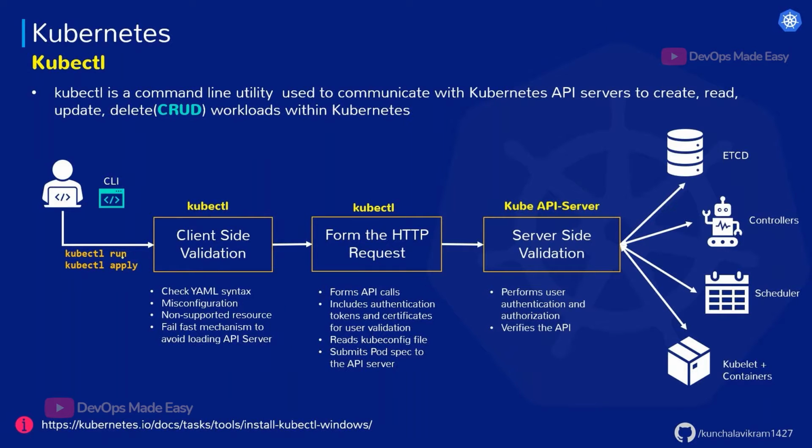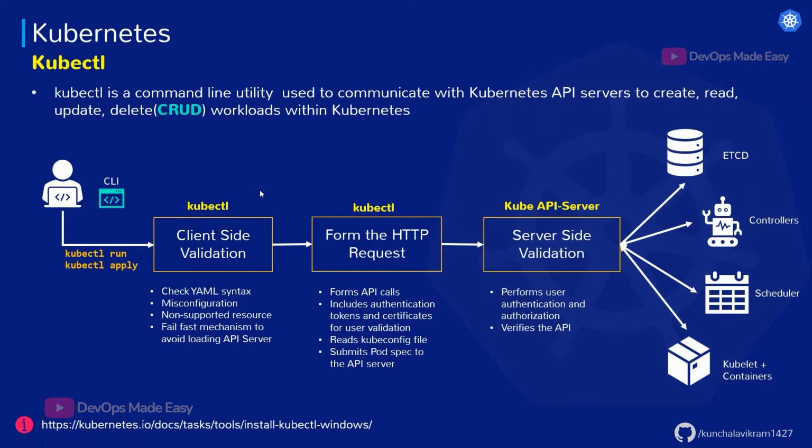Let's assume that instead of run, I gave kubectl running. If that command reaches the API server, it will fail anyway because that is not supported. So we are failing it at the client side itself. It will check for unsupported commands or unsupported YAML files or configurations. So that is the first step, client side validation.